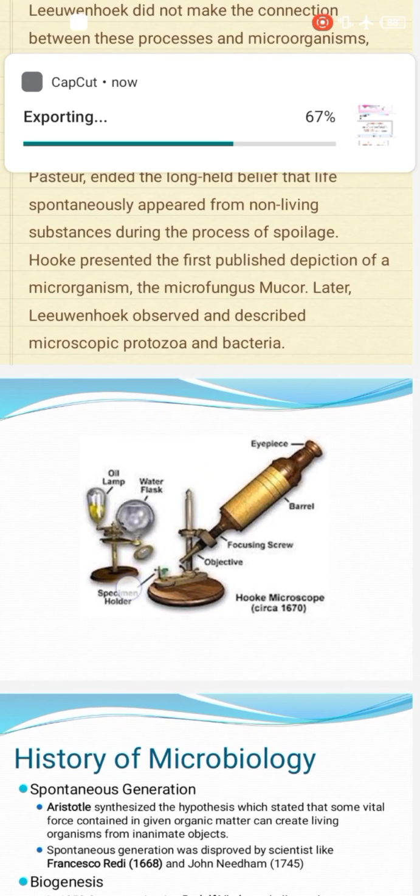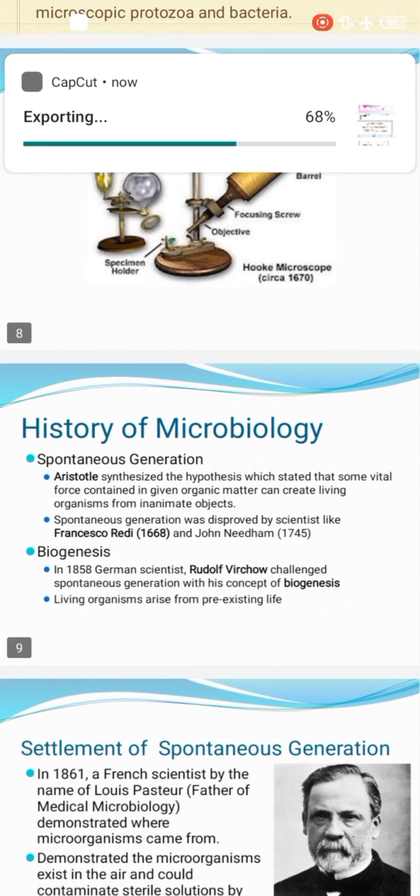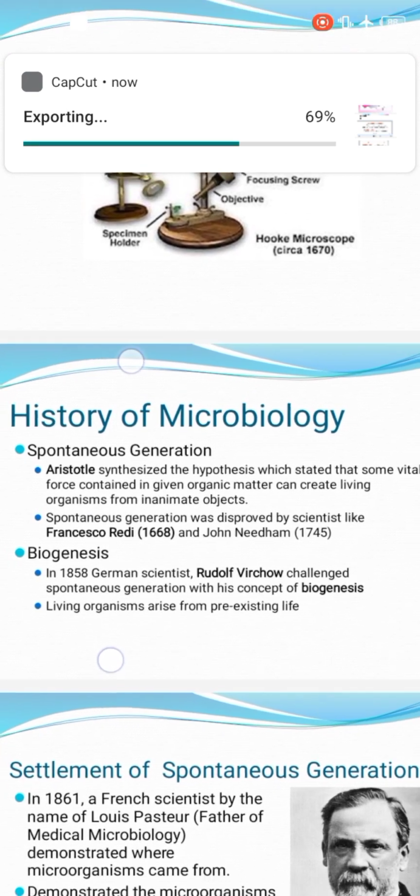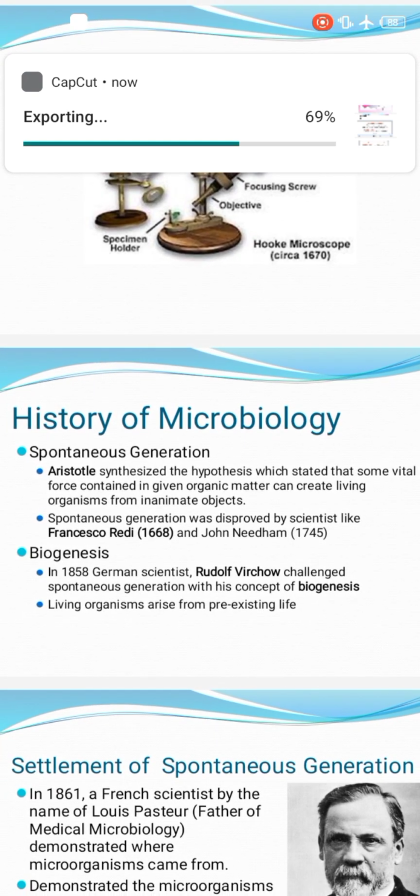Now, adding to the history of microbiology are spontaneous generation and biogenesis. What is spontaneous generation? Aristotle is the scientist who formulated the hypothesis which stated that some vital forces contained in given organic matter can create living organisms from inanimate objects.